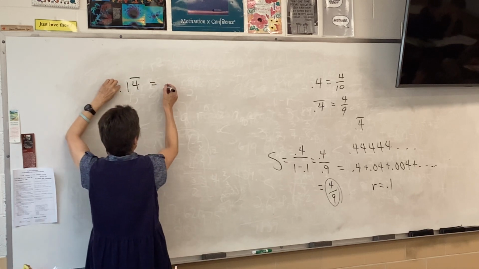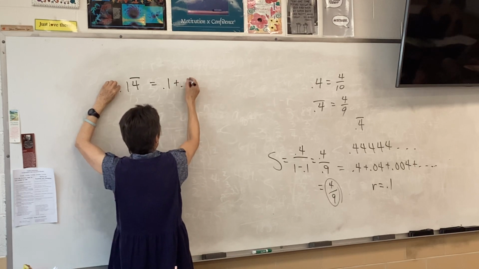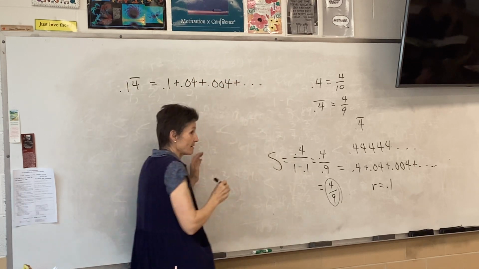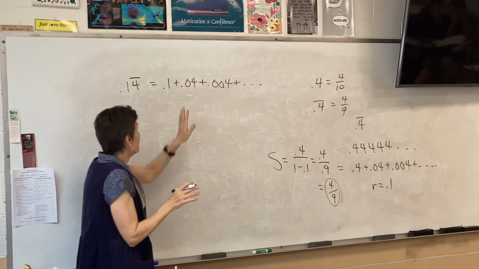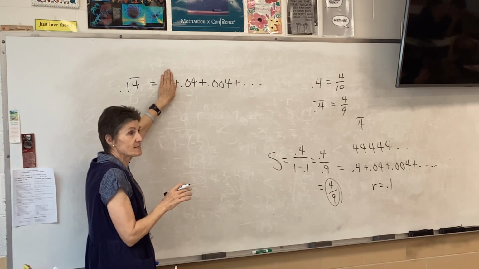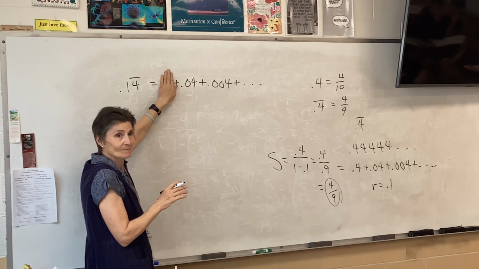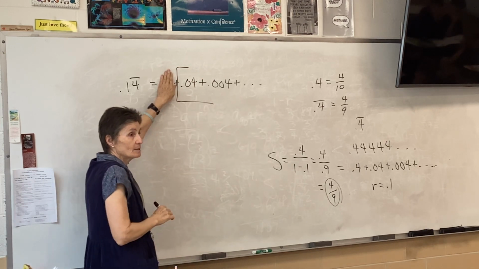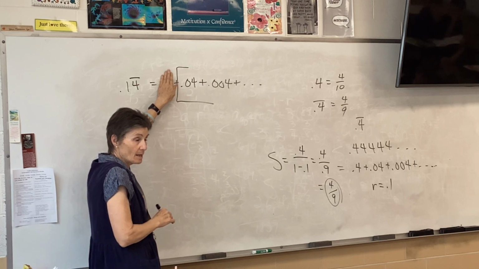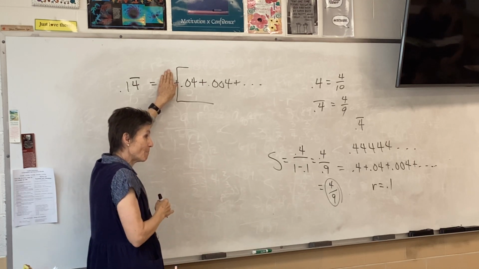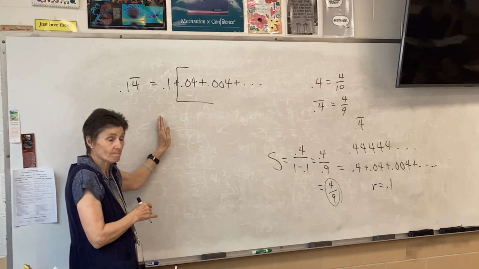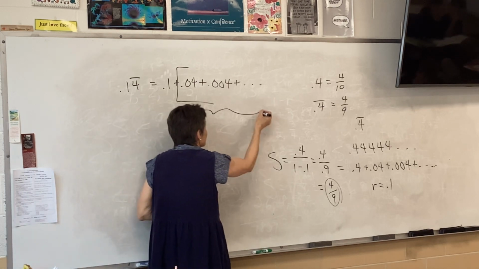You can write this number as 0.1 plus 0.04, 0.004, and so on. That's fine. But this is not part of the sequence. So you can add up this part using your formula, but then you will have to go back and add in the 0.1.